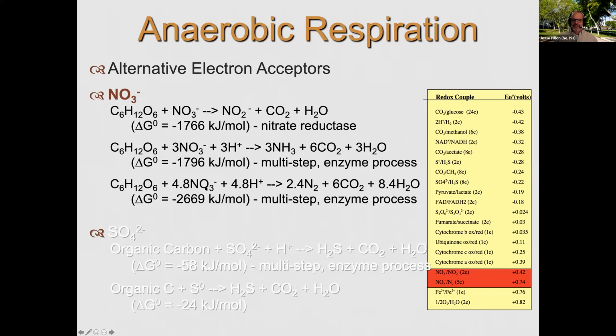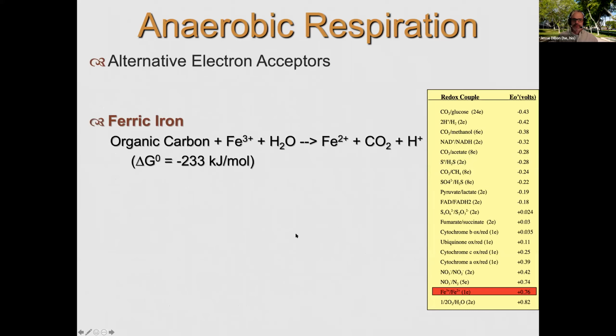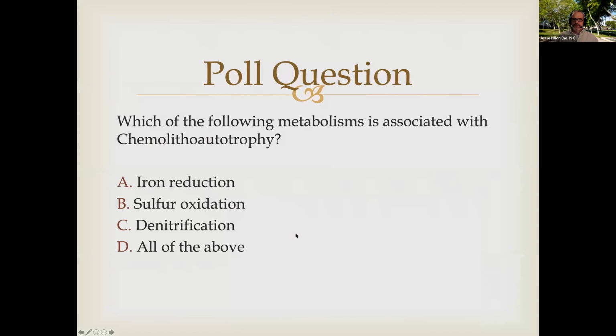So nitrate goes to nitrite, goes to NO, goes to N2 gas. And because this is a gas that goes up into the atmosphere, the nitrogen is lost from the system. Okay. Farmers hate this, right? Because you convert their fertilizer into air. Nobody wants that. All right, is everybody on board with the poll question now?